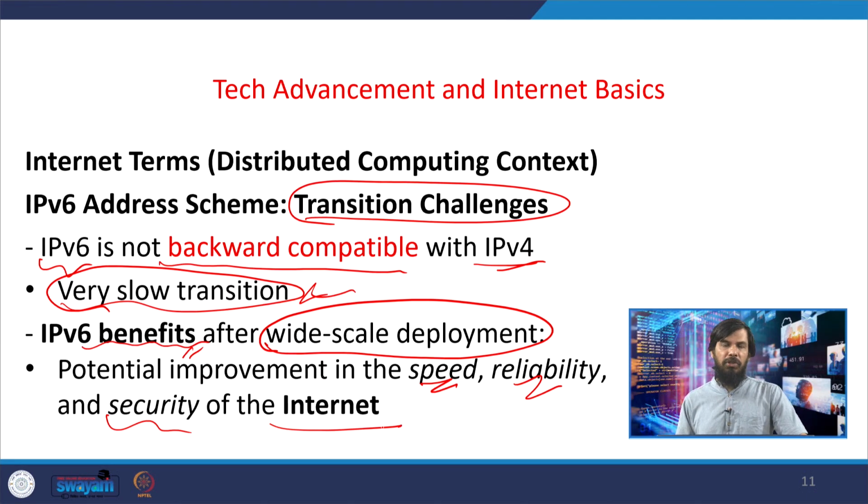Suddenly, in the year we achieve full wide scale deployment of IPv6, internet speed will increase, right. It can increase many folds because of that. So, this improvement in internet speed is still awaited because of the slow transition, because of the lack of backward compatibility of IPv6 with IPv4.